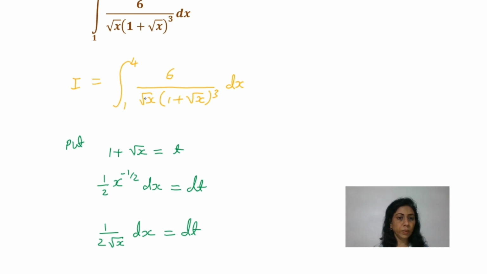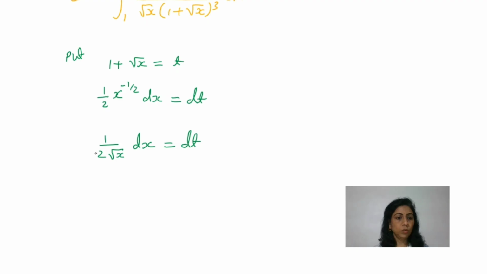This is in the denominator, it means 1 upon square root x dx is this. So this 2 is extra, so this one multiply this side. Okay, so 1 upon square root x dx is equal to 2 dt.